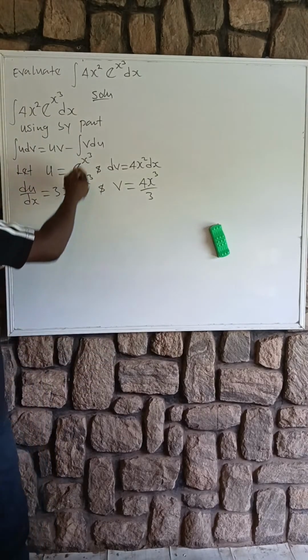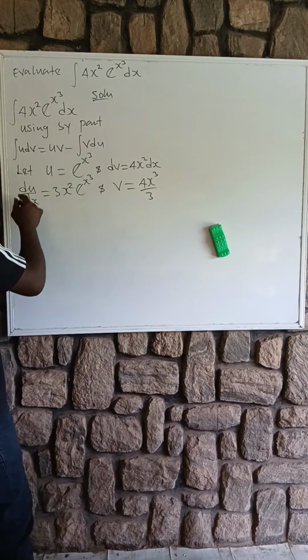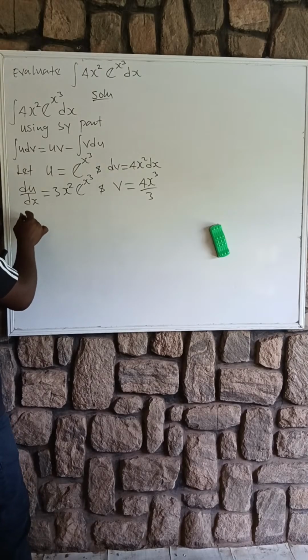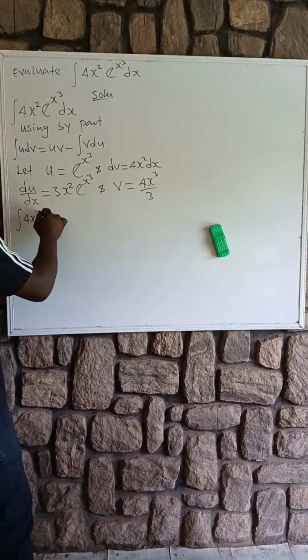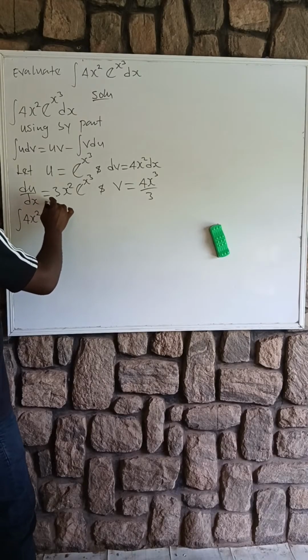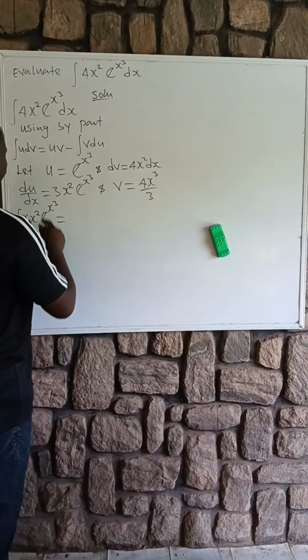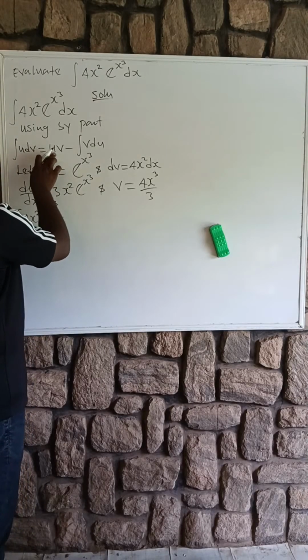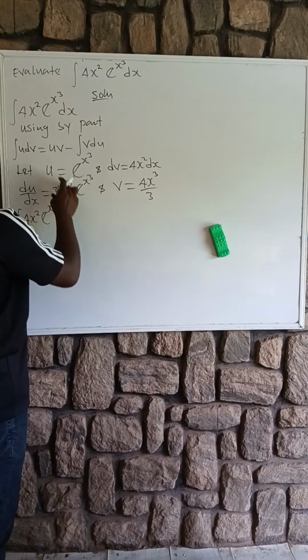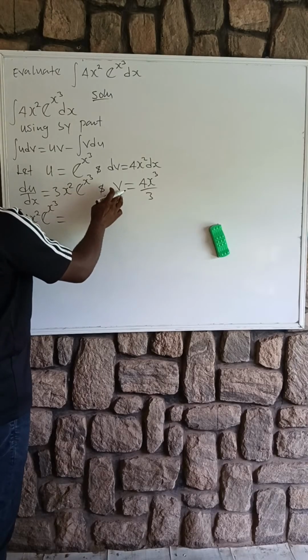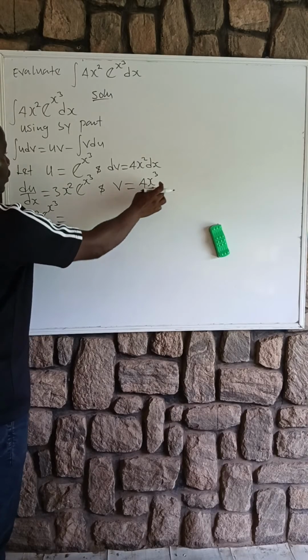So we can now substitute. This implies that our integral 4x squared exponential x raised to the power 3 will be equal to, what is our ordinary u? Our ordinary u is this, and our ordinary v is this, true or false?